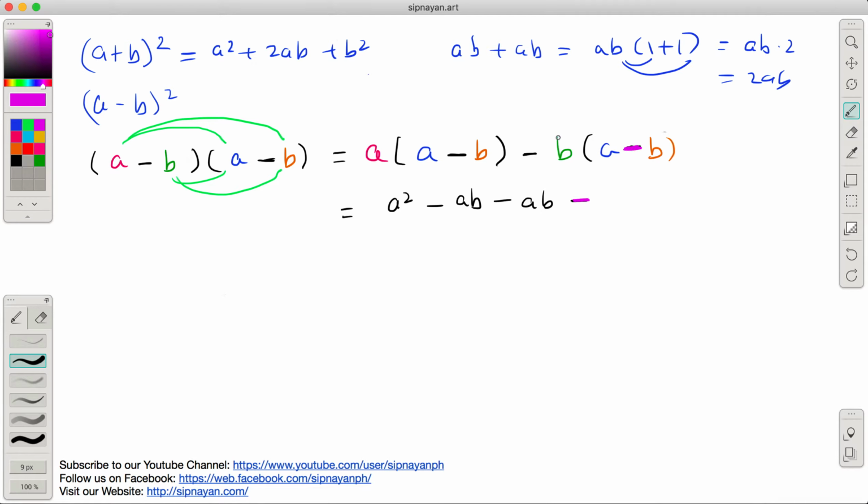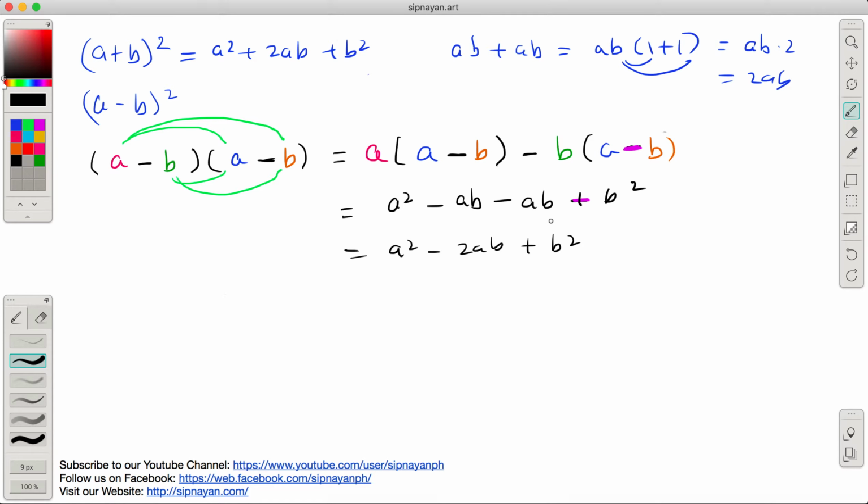Kasi nagdi-distribute tayo, no? However, pag nag-minus ka, minus at saka minus, magiging plus. Kasi nagmumultiply tayo, no? Later, i-explain ko yan, bakit ganyan. Magiging plus siya, plus B squared, no? So, this is equal to A squared minus 2AB plus B squared.